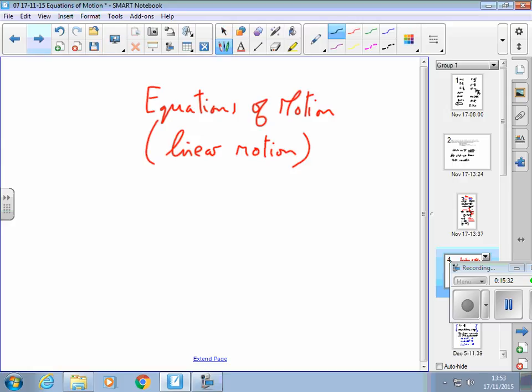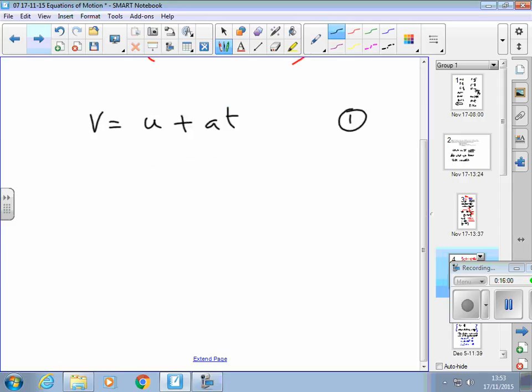Anybody know them? Come across them before? I'll give you one. Anybody seen that before? Yeah, that's one of the equations of motion. V equals U plus AT. Might be the first equation of motion, probably is. Which number it is doesn't really matter. There are 3 of them. Faffing about with this and from the other equation you come across, we can write this.